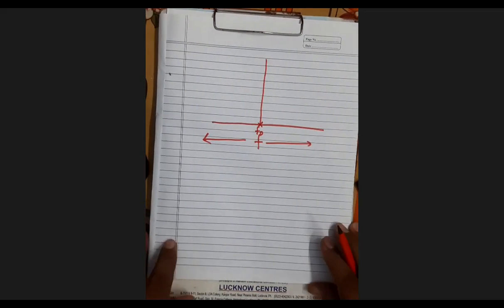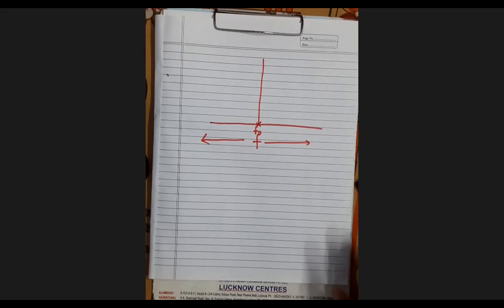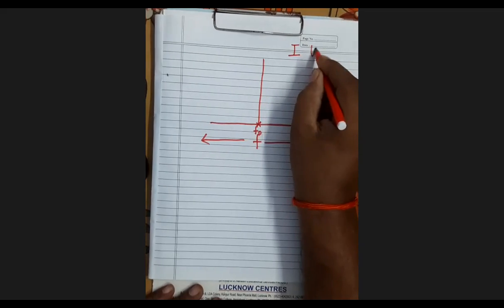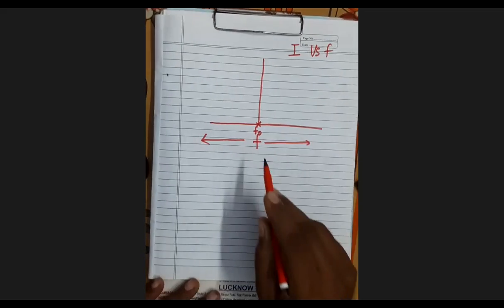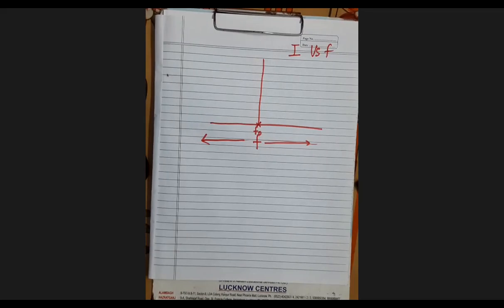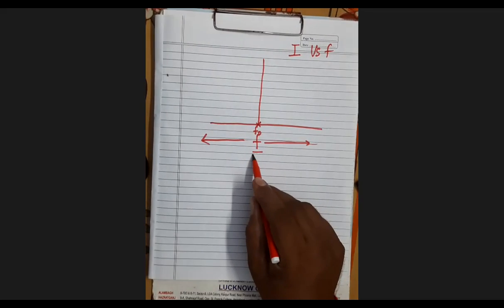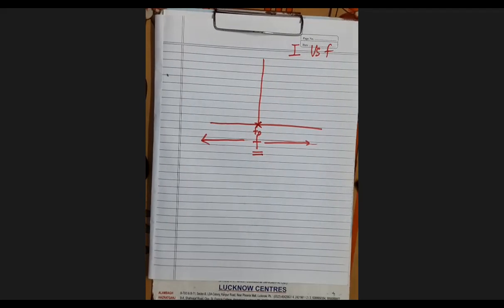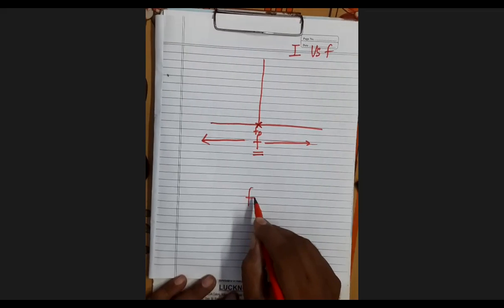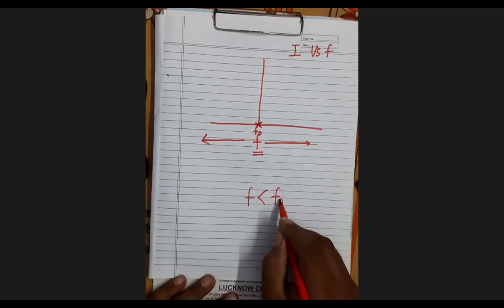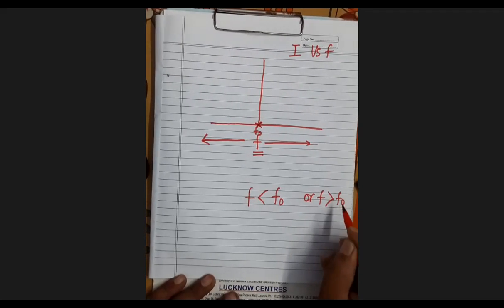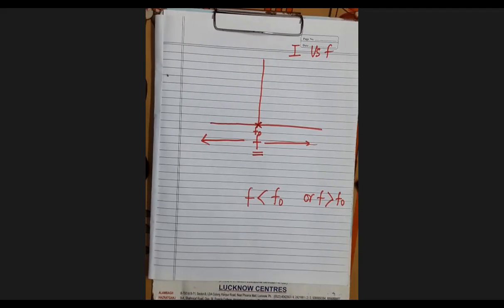This is the graph of I versus f that I am going to draw. On this side, I have represented the frequency of the applied AC EMF. f naught is the natural frequency of the LCR circuit. So you can see that as long as f is less than f naught or f is more than f naught, the current will be less.